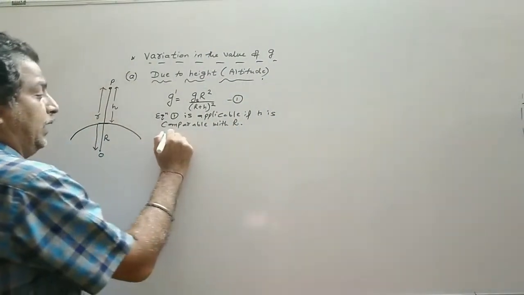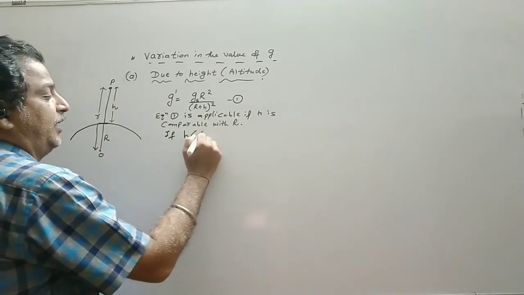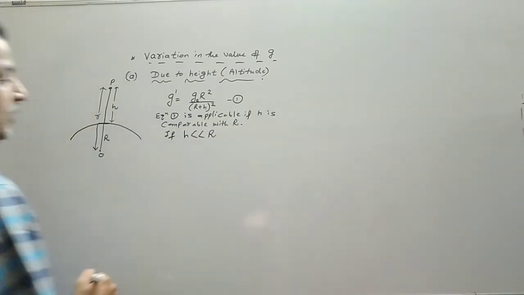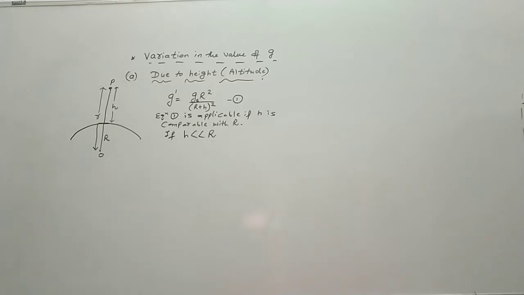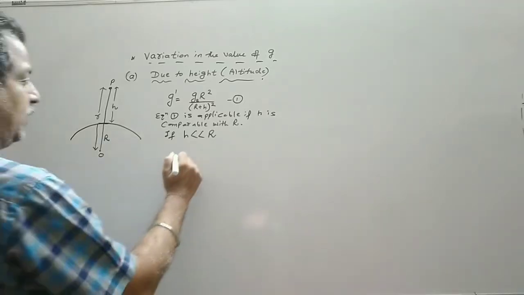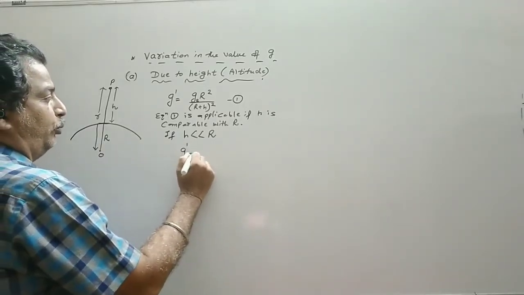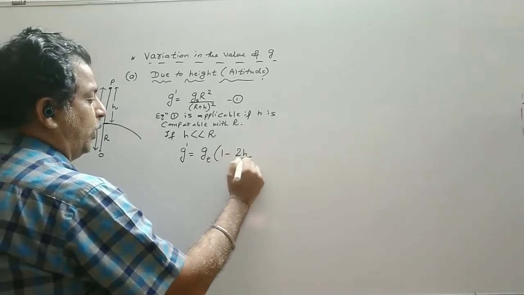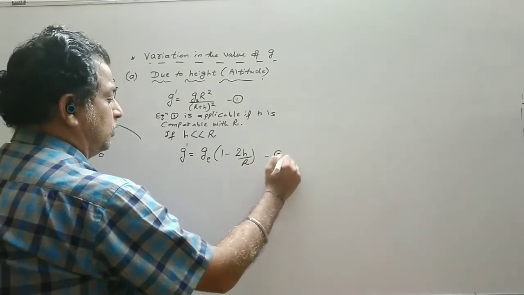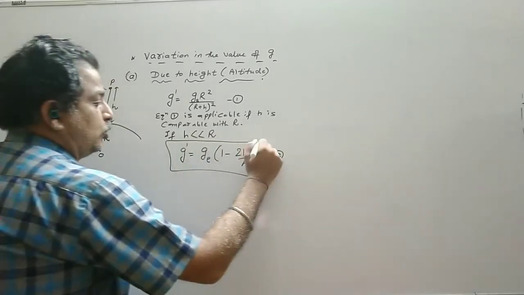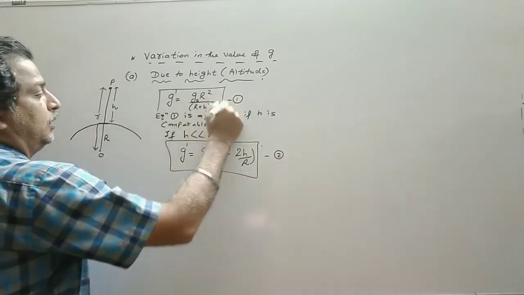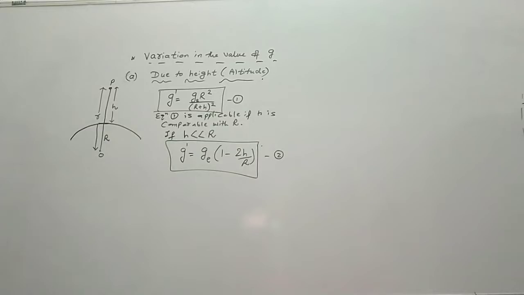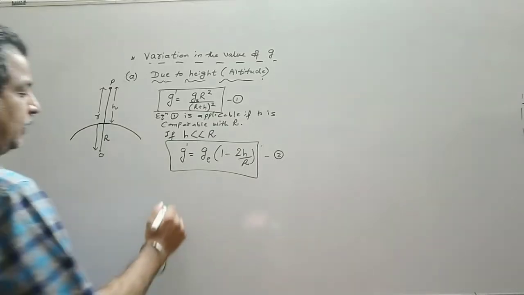Otherwise, if h is much less than R, that is a few kilometers or a few meters from the surface of the earth, then we apply the binomial theorem and we found the formula g dash is equal to ge into (1 minus 2h upon R). This was our other equation. So we have two equations for the variation in g due to height.